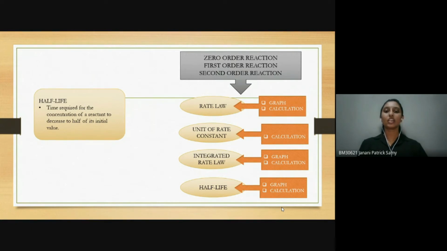A zero order reaction is a reaction which is independent of the concentration of the reactant. The unit of the rate constant for a zero order reaction is M s-1.